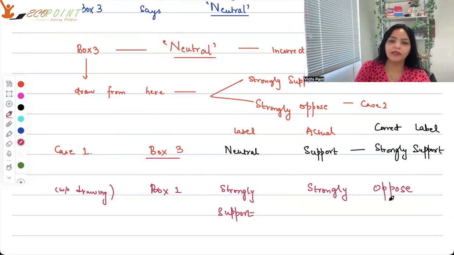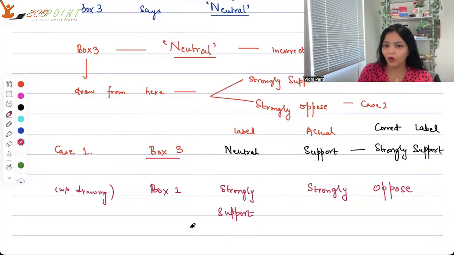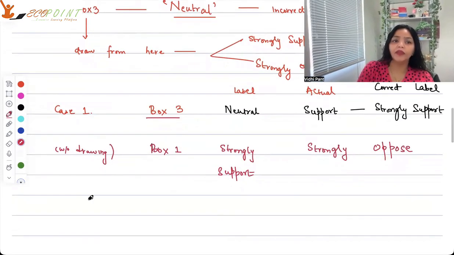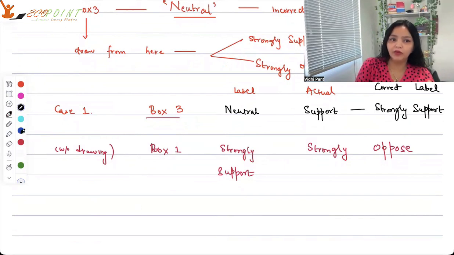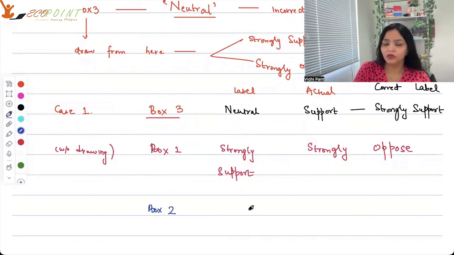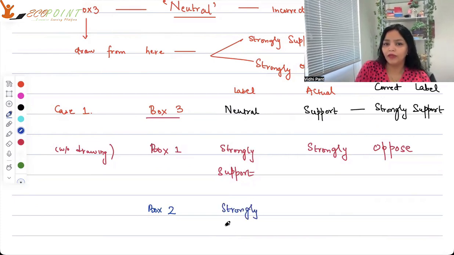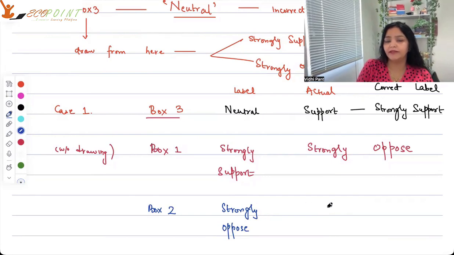In that scenario, automatically your box 1 label is a wrong label, right? And the conditions are satisfied. And with that, another very important thing, box 2. So logically, you can figure out that box 2, the label was given strongly oppose, but it can be anything but strongly oppose, right?